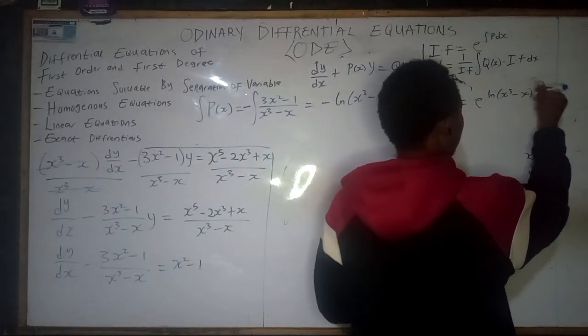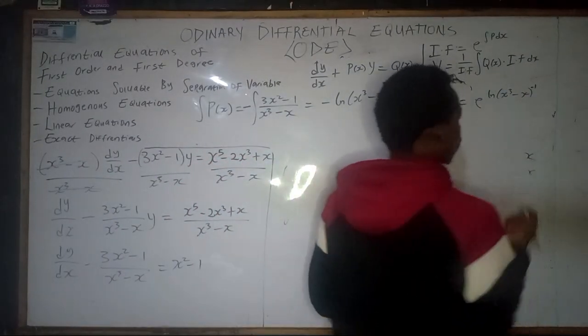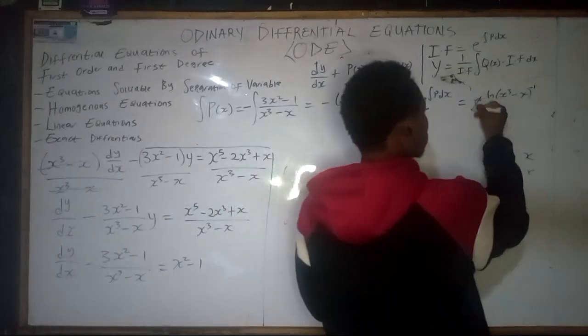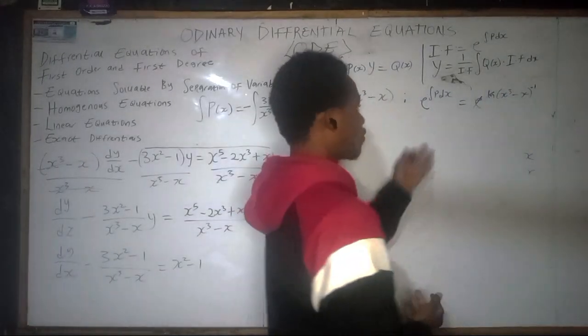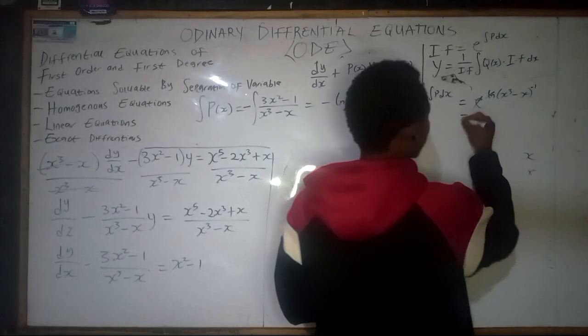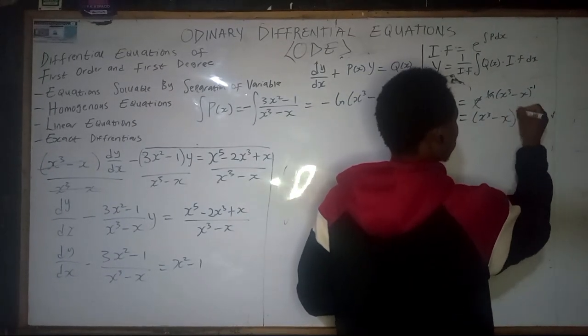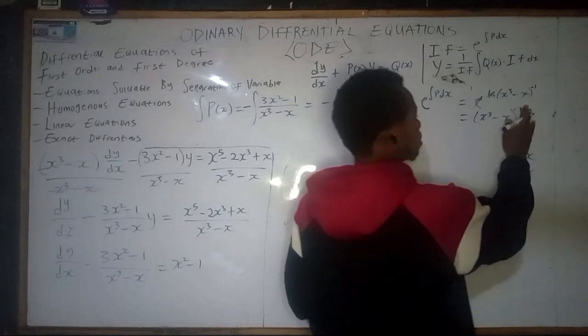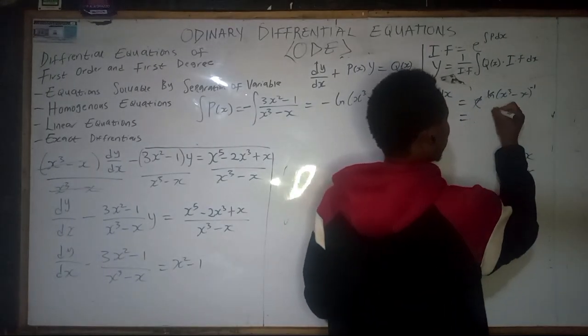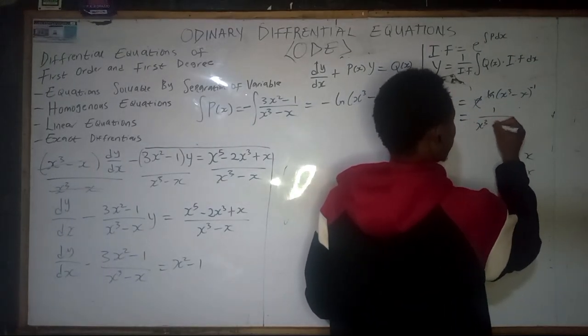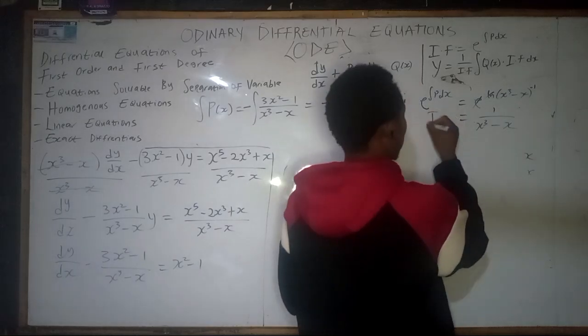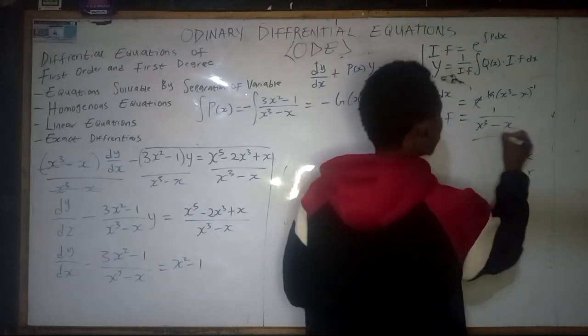We are going to have it as raised to the power of minus 1. And we know that e cancels ln. So if e cancels ln, we are going to have this as x cubed minus x raised to the power of minus 1, which is the same thing as 1 over x cubed minus x. So therefore, our integrating factor is equal to this.